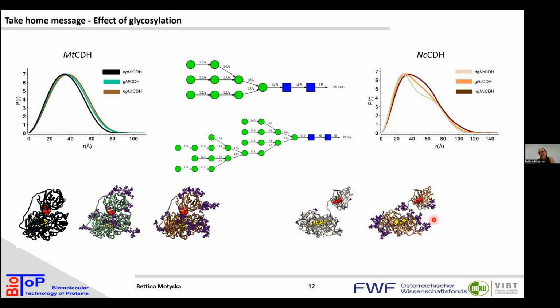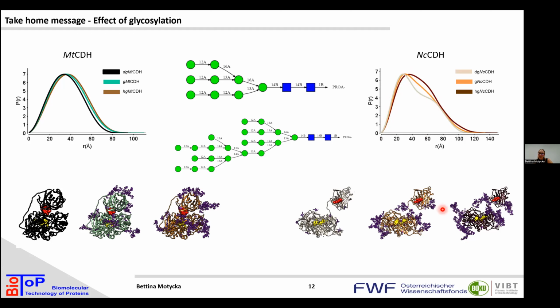And the PDB is here, this orange one, where you can already see that only due to adding the glycans, this prominent shoulder disappears. And if I now add the hyperglycosylations, you can really see that it now looks less like a globular, more like a Gaussian distribution, even though it has these open conformations.